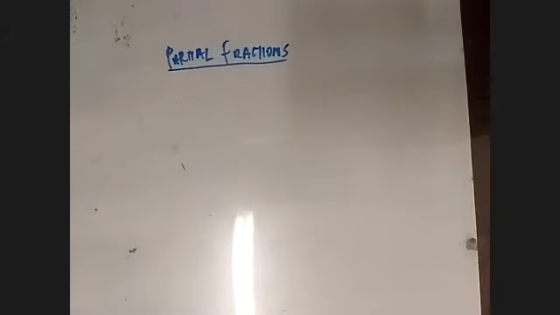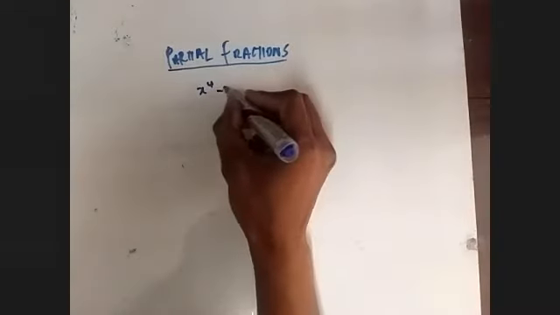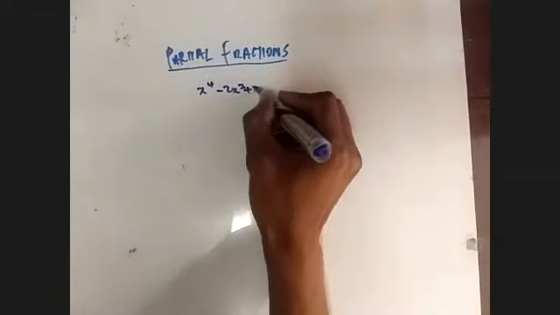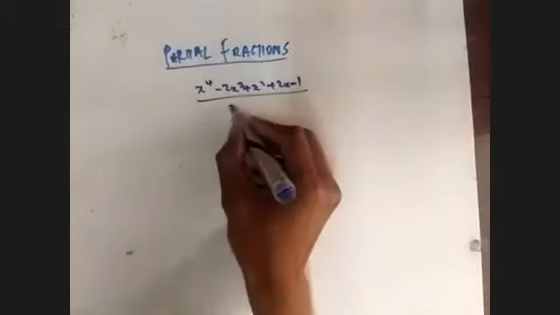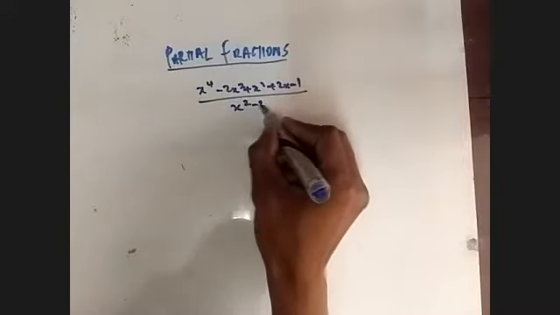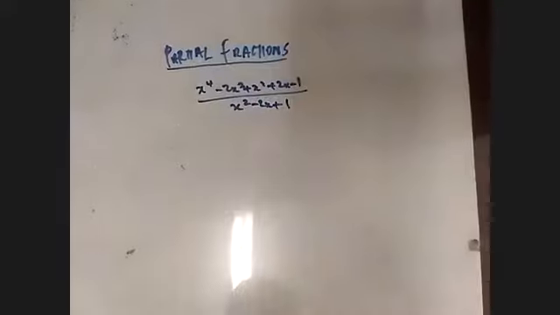Let's do number 4 in the textbook, okay? Number 4 is given as x to the exponent 4 minus 2x cubed plus x squared plus 2x minus 1, all over x squared minus 2x plus 1. Let me give you a little hint, guys.